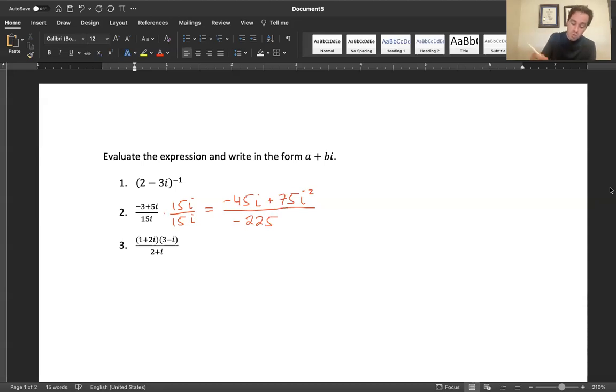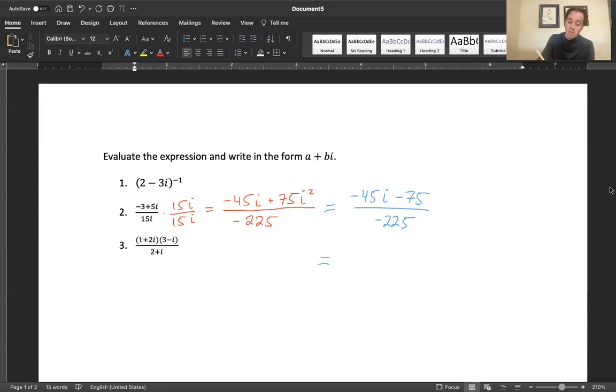And just because I'm having that kind of a day, I'm going to make that negative 225 right away. Okay, this right here, the 75i squared, that's going to be negative 75, isn't it? Yes. So this is negative 45i minus 75 all over negative 225.